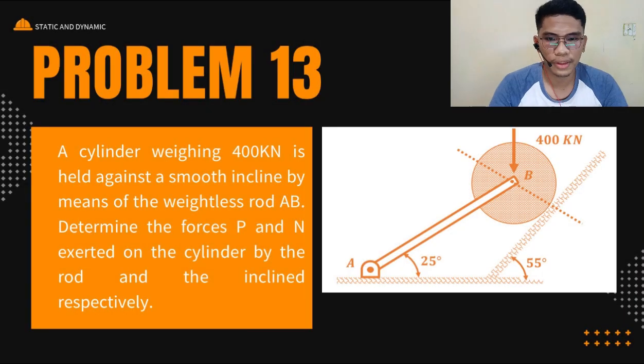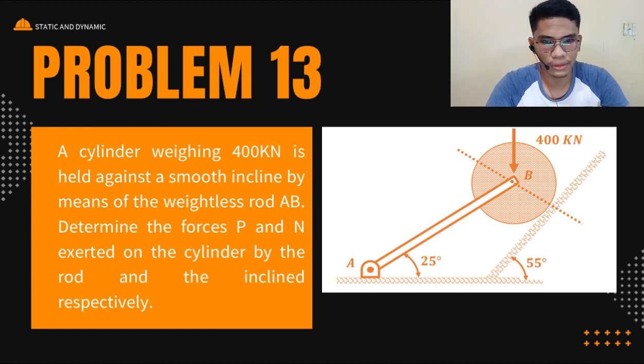So next, problem 13. A cylinder weighing 400 kilonewton is held against a smooth incline by means of weightless rod AB. Determine the forces P and N exerted on the cylinder by the rod and the incline respectively. So as you can see here in the diagram, meron po tayong 25 degrees and 55 degrees naman. 25 degrees dun po sa weightless rod, and then 55 degrees dun po sa incline.